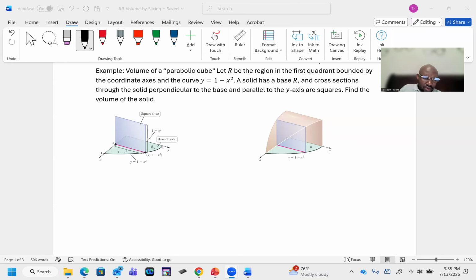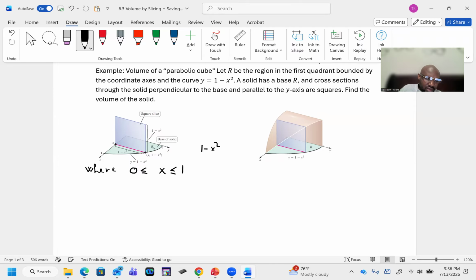Okay, so now you can see we'll focus on a cross section through the solid at a point x where 0 is less than or equal to x and x is less than or equal to 1. Why? Because what we have is 1 minus x squared.